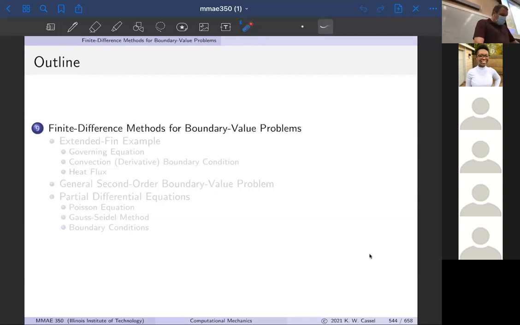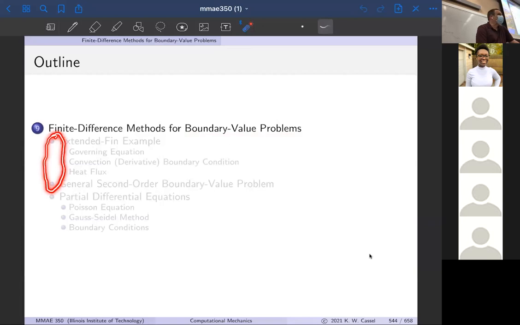For the remainder of the semester, we just have 2 more chapters. The first is on finite difference methods for boundary value problems. And then there's a chapter on finite difference methods for initial value problems. These are fundamentally different types of equations, different types of problems, and we'll talk about how to apply these finite difference methods to both. We're going to start off in both cases with ordinary differential equations.